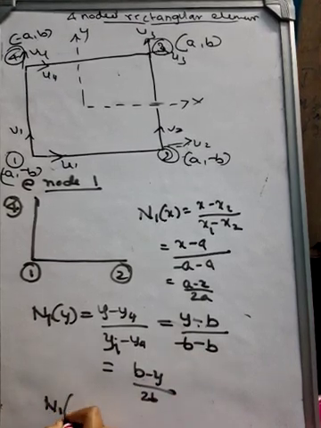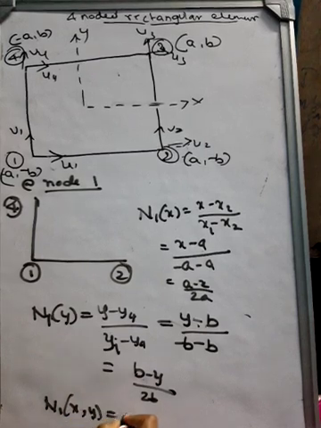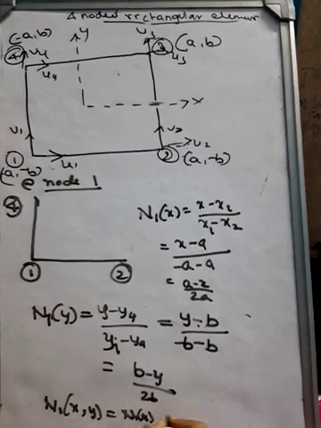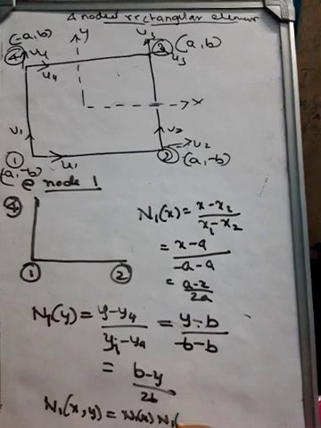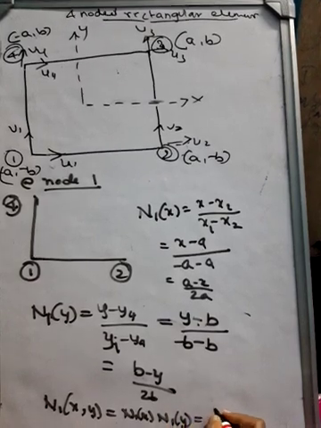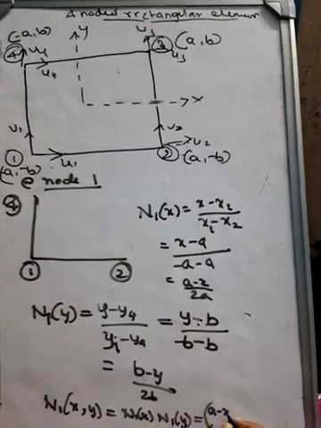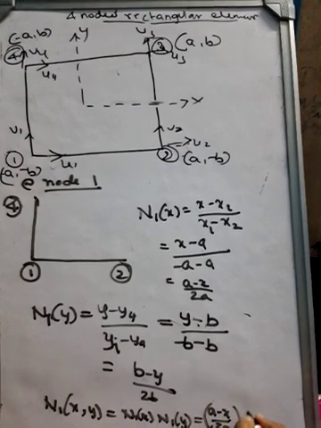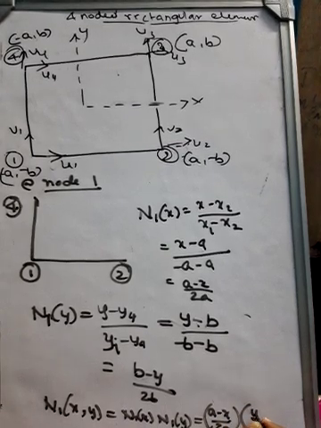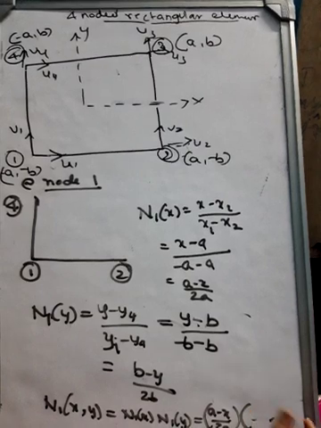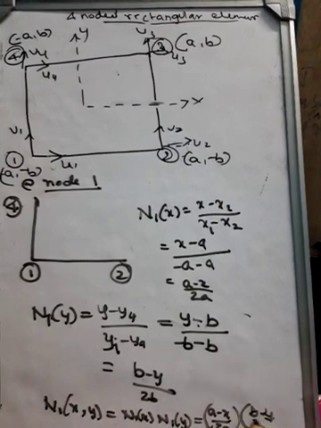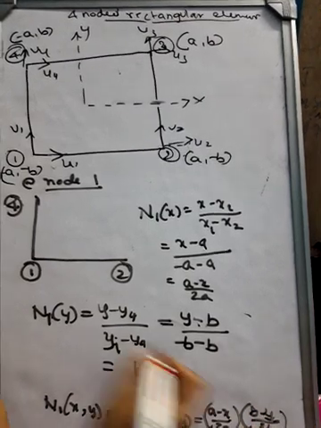So N1 of x comma y would be equal to N1 of x times N1 of y, which is equal to a minus x divided by 2a times b minus y divided by 2b.